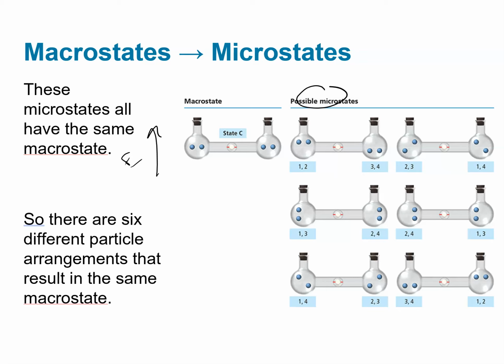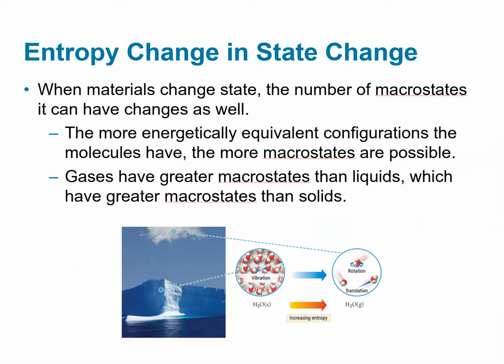So in this case, we have 6 different particle arrangements that result in the same macrostate, and this is only with 4 particles in the system. I know this is a little bit simple in its delivery, but if you think about these trends applying to much larger chemical systems, you can get a sense relatively quickly of what we're working with.